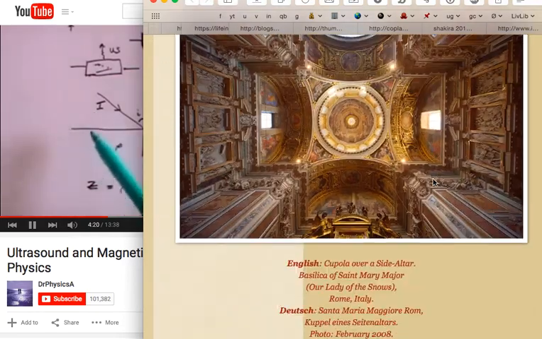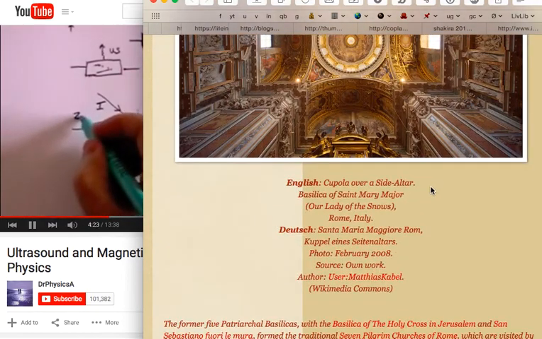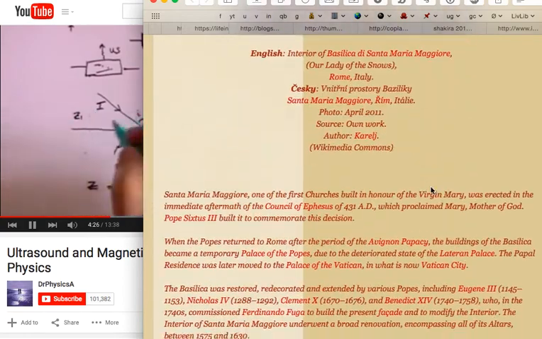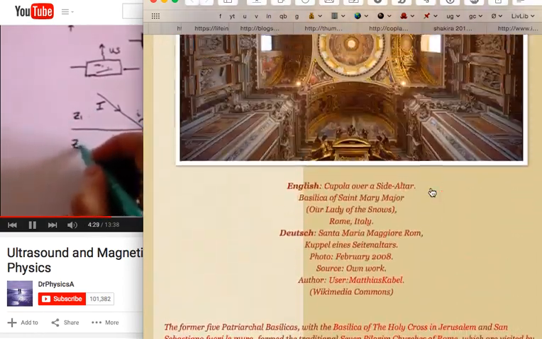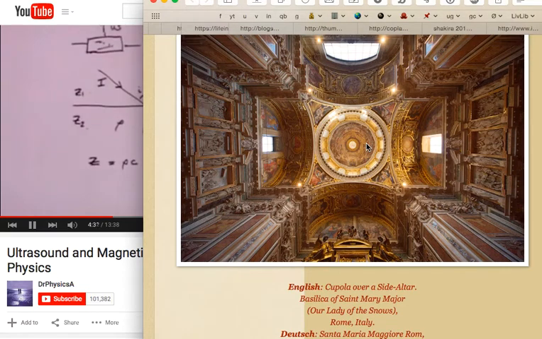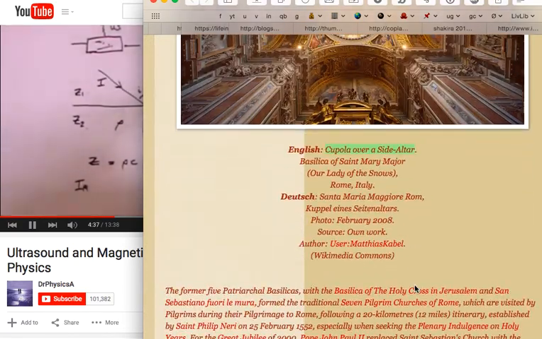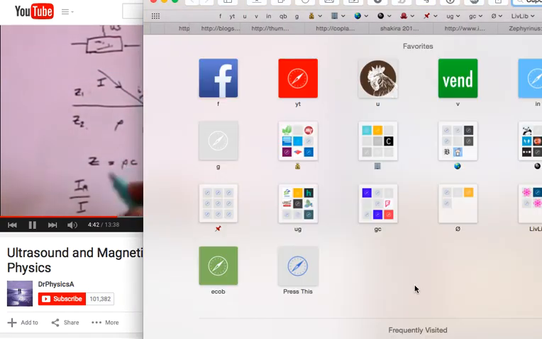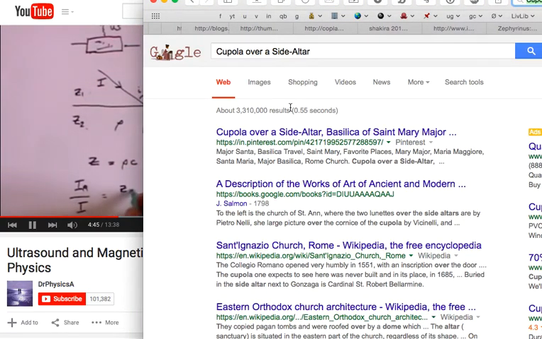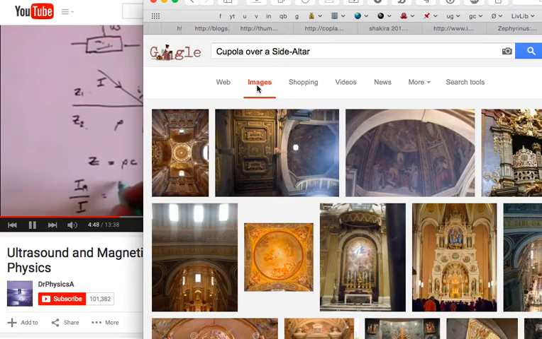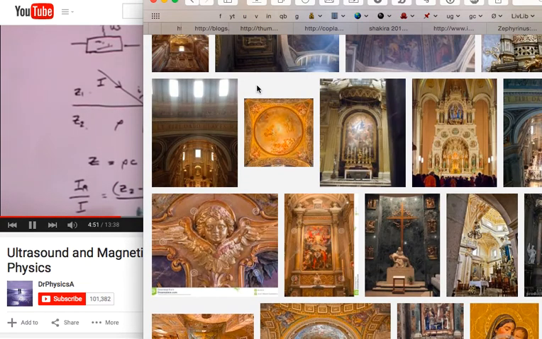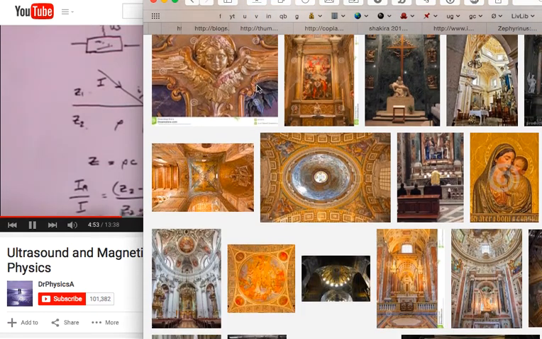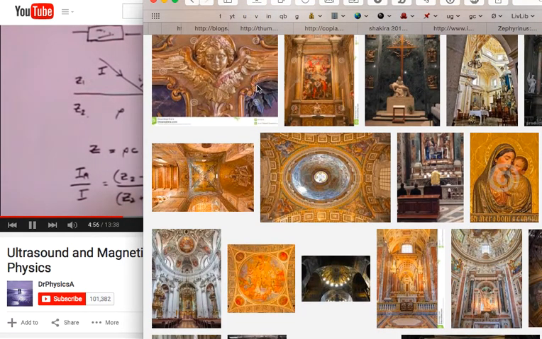If you're going from one medium to another, one that has Z1 as its acoustic impedance, and the other has Z2, then the ratio of the intensity of the reflected beam to the intensity of the original beam is given by (Z2 minus Z1) squared divided by (Z2 plus Z1) squared. That ratio is known as the intensity reflection coefficient.